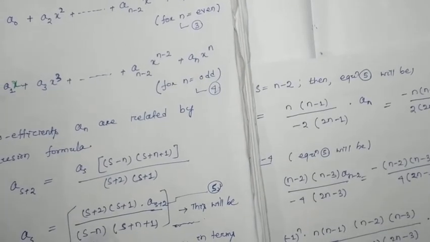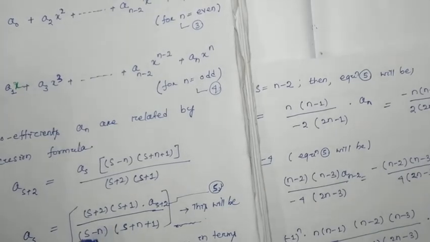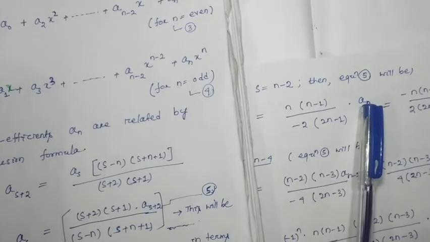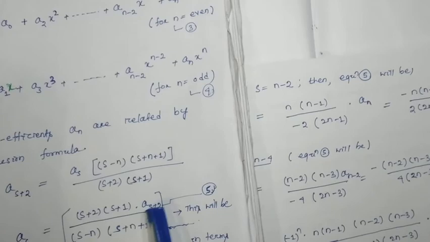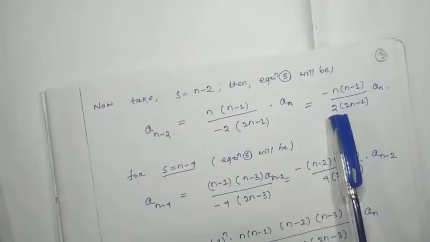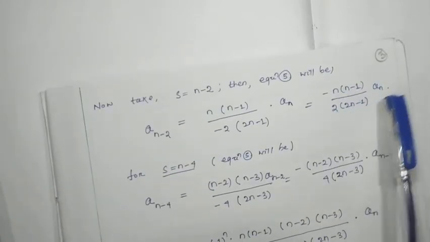S is equal to n minus 2. So n minus n got cancelled, it will be minus 2, and it will be 2n minus 2 plus 1 minus 1, 2n minus 1 into a n, because here s we are going to consider as n minus 2. a n minus 2 will be equal to minus n into n minus 1 divided by 2 into 2n minus 1 into a n.